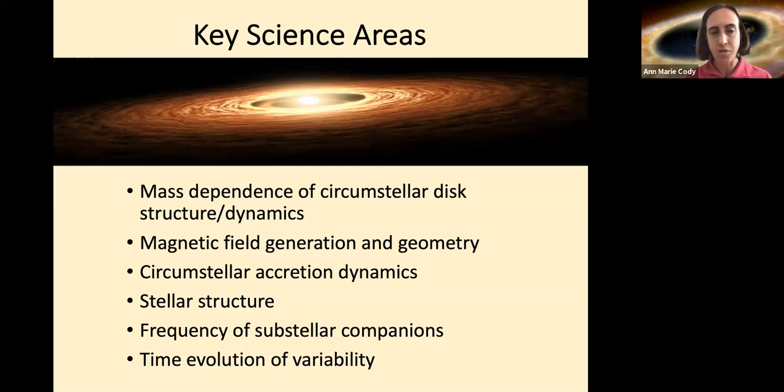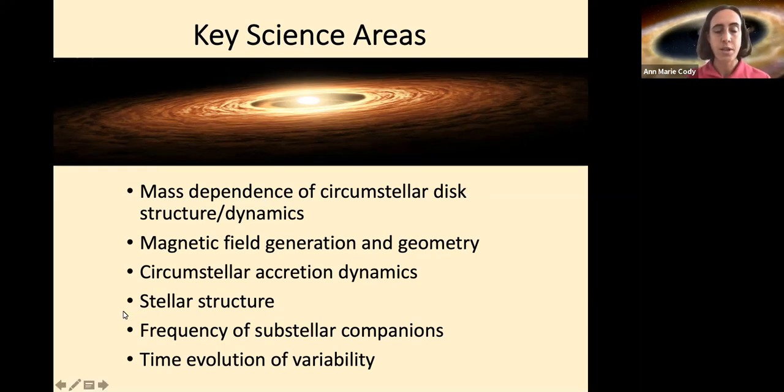We'd also like to understand how magnetic fields are generated in these objects and what their geometry is as a function of mass. That is also related to the accretion dynamics, how gas flows from the inner disk to the central star. Again, we'd like to see how that varies with mass and how that helps build up the central star in the end of its formation period.